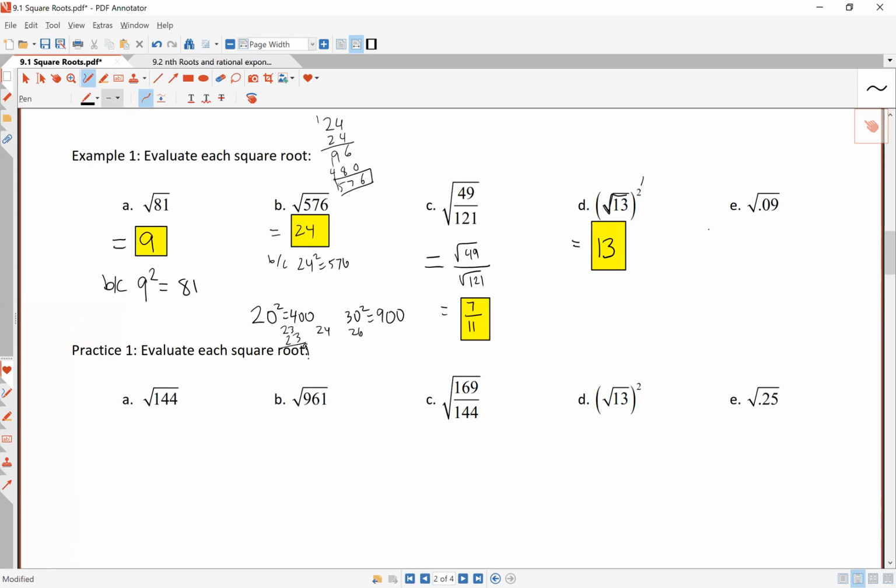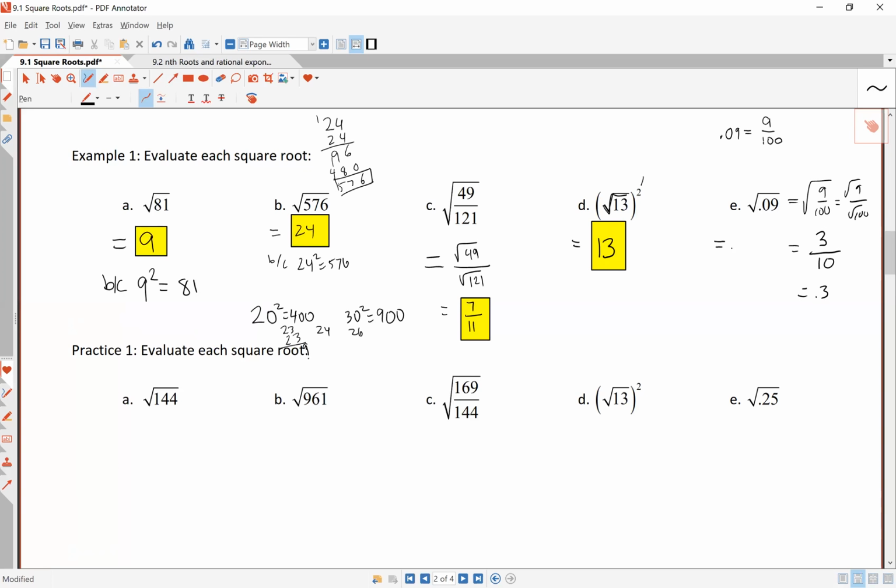Letter E, we know that 0.09 is 9 over 100. And so if we were to take the square root of 9 over 100, square root of 9 is 3, and the square root of 100 is 10, which is 0.3.